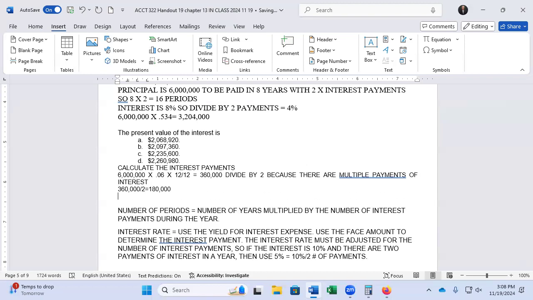And so now we need to find the present value factor for an annuity with a 4% interest rate over 16 periods.